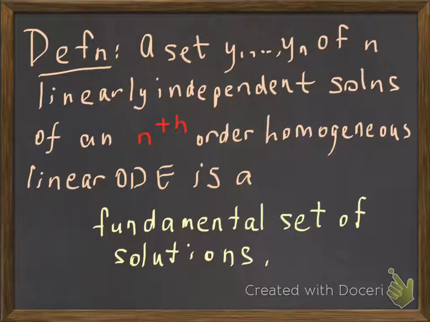Another way that you might think about this, if you've taken linear algebra, is that the set y1 through yn forms a basis of our solution space for this ordinary differential equation. If you haven't taken linear algebra, this is just a preview of what's to come in linear algebra. So we'll call these a fundamental set of solutions.